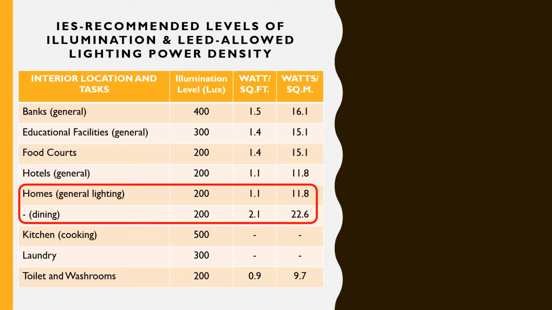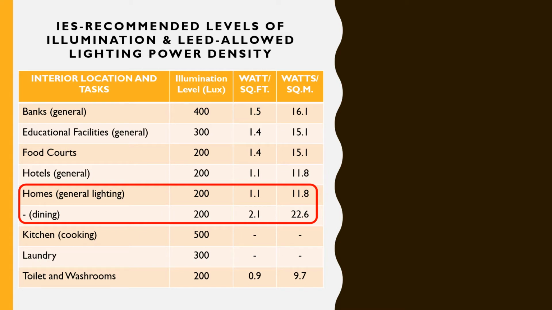So here, homes, in our houses for example, and residential buildings, in general lighting, the illumination level is recommended to have 200 lux, especially also in the dining room.